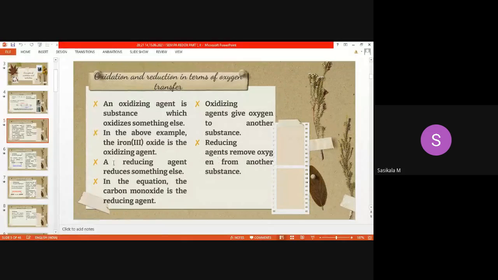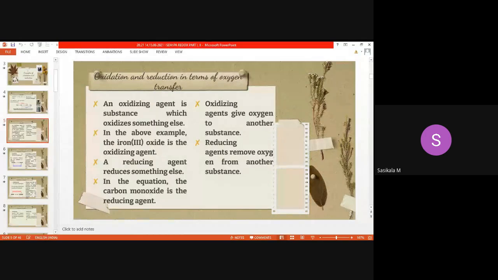Okay. So from the example, the oxidizing agent is iron oxide, that is ferric oxide, and the reducing agent is carbon monoxide. On what basis is this concept? It is based on the oxygen transfer concept, and it is a type of classical concept.